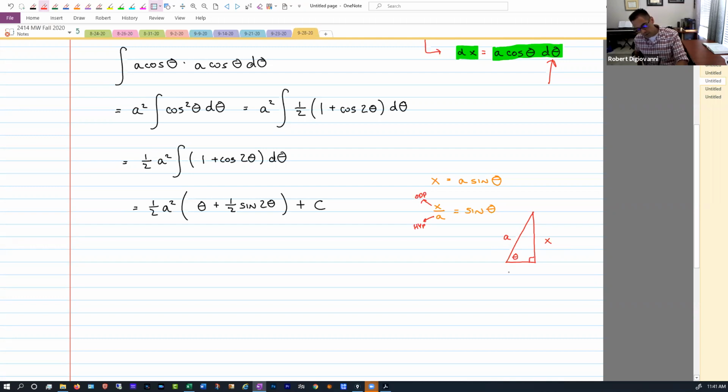I'm not going to go through the step here, but this will turn out to be the square root of a squared minus x squared, which I told you was the form that we had, right? There it is. I can remember as a Cal 2 student, not knowing how my professor was getting this side and being confused.